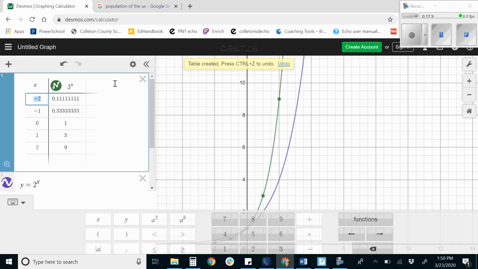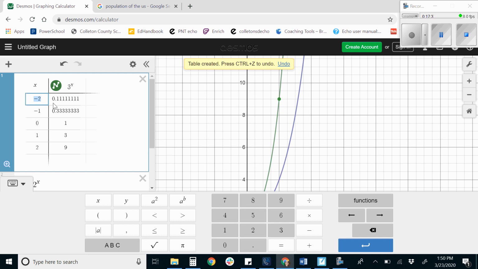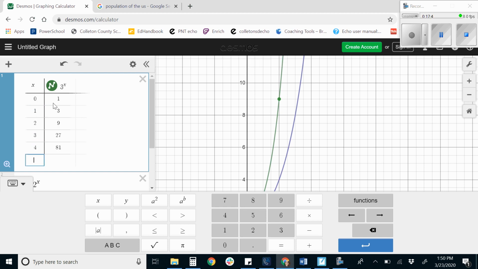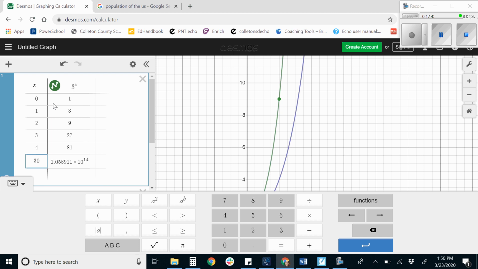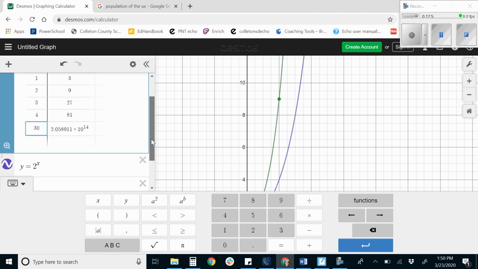Look at a table of values for that one: 0, 1, 2, 3, 4. In 30 days, we would be all the way up to 2 times 10 to the 14th. That is way, way more than what we had before.